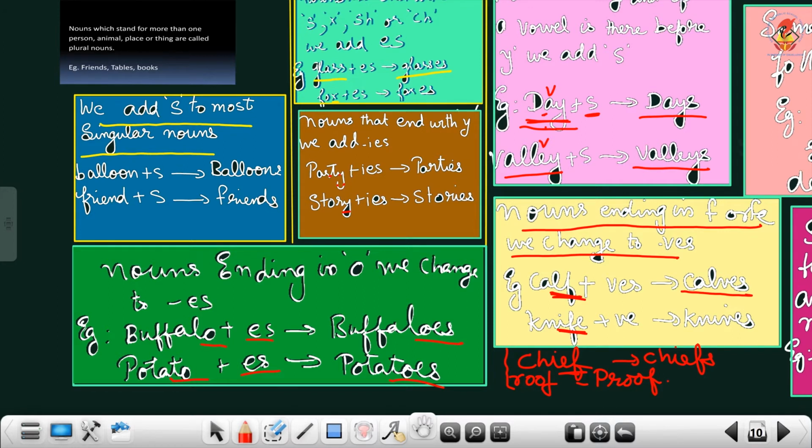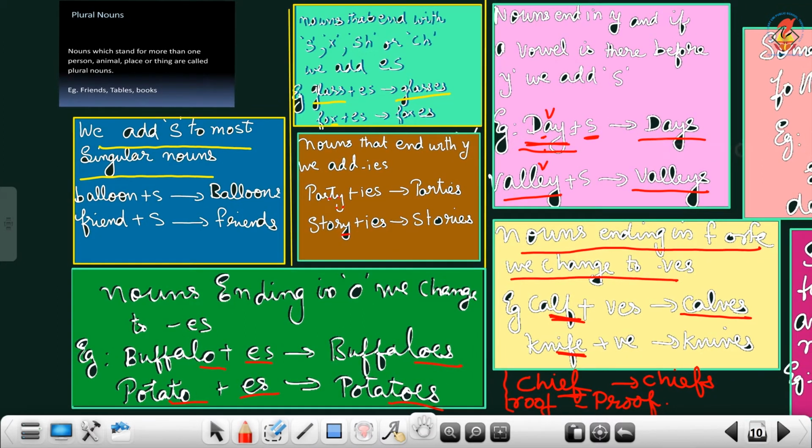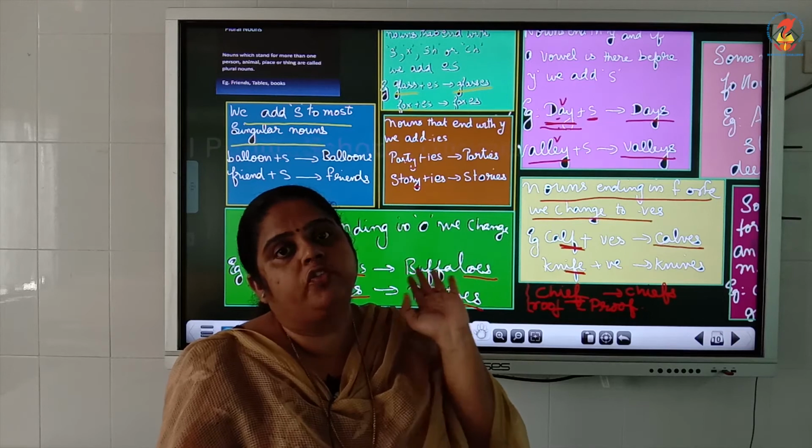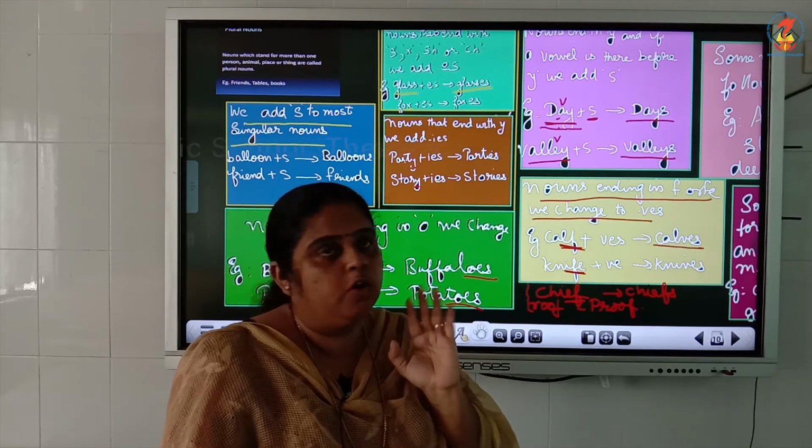But these three are different. In these three cases, chief, proof and roof, we don't add VES. Instead of that, we add just FS. Chiefs, proofs and roofs, R-O-O-F-S. We need not change into VES. That's the rule. I hope it's clear.